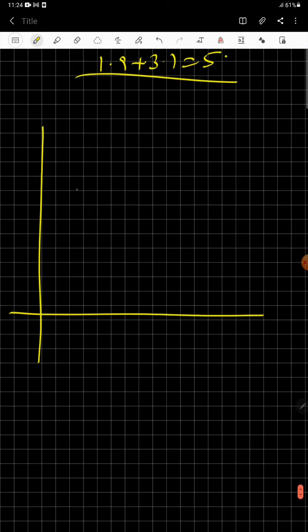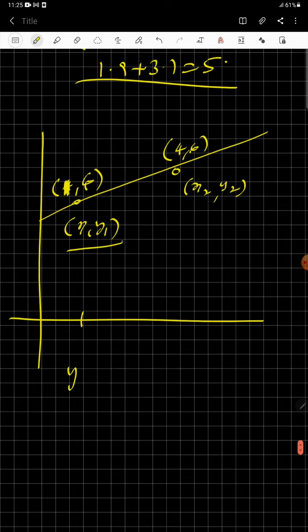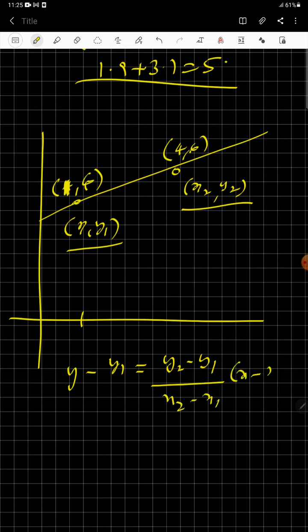If we have two points, suppose x1 y1 and some x2 y2, suppose this point is 1 comma 4, and here is the point, suppose I take 4 comma 6. Then the equation of the straight line passing through these 2 points x1 y1 and x2 y2 is y minus y1 is equal to y2 minus y1 by x2 minus x1 into x minus x1.